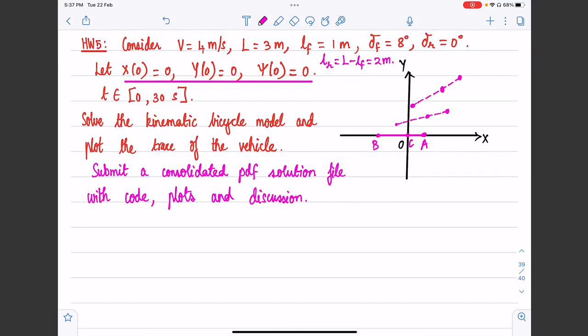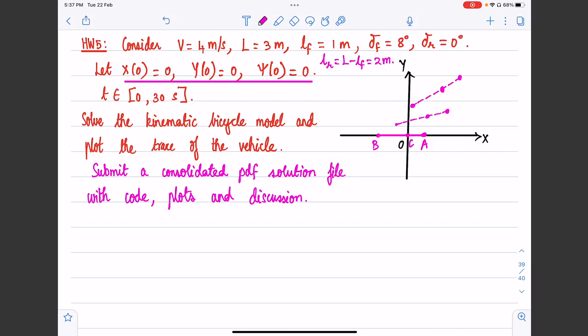But if the trace becomes very dense, you can plot the trace for every half a second, while doing the simulation at a finer time interval. I'm sure we can figure those things out. Please do try, and if you have any queries, let me know.